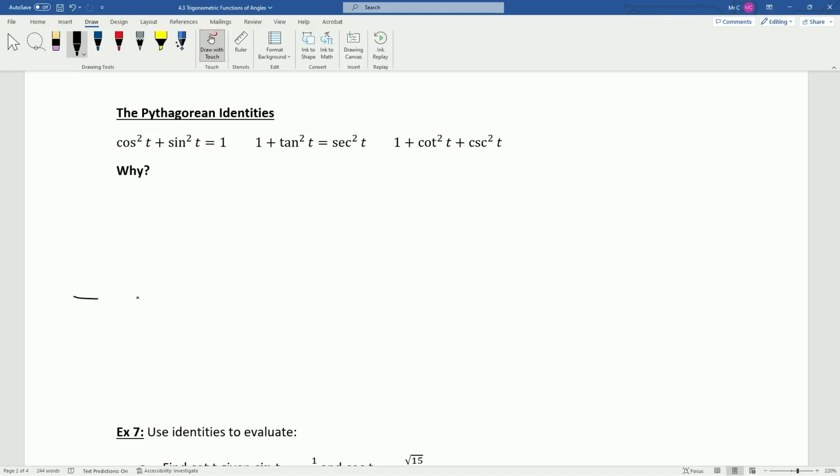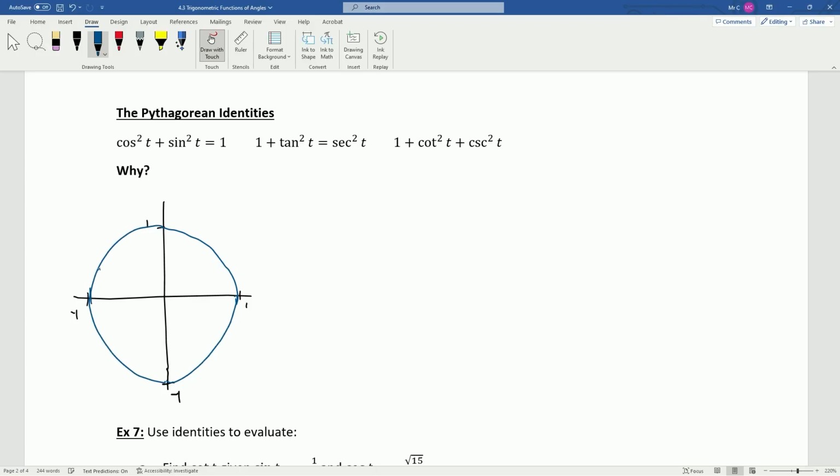So when we think about the unit circle, right, radius 1, it's not a great looking circle, but it'll do. If I plot a point on the unit circle, by definition, the x-coordinate is cosine of t, where t is my angle or my arc length, and the y value is sine of t.